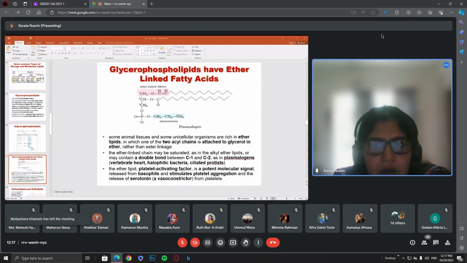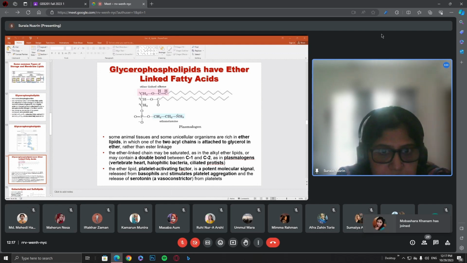Platelets are a blood cell, they will be aggregated. This is one function, as well as they also induce the platelets to release a messenger molecule called serotonin. Serotonin, we can also say is functioning as a hormone, which actually causes vasoconstriction. That means blood vessel contraction happens by the influence of serotonin.